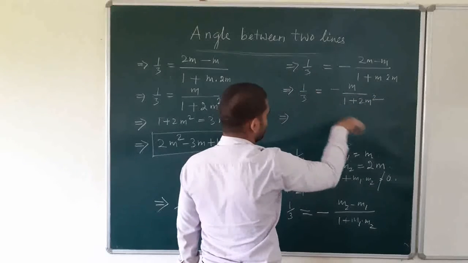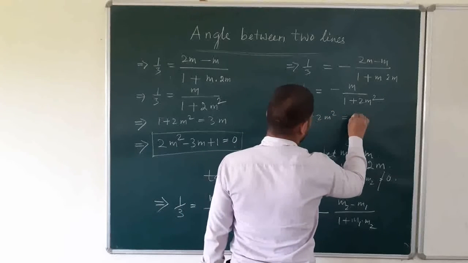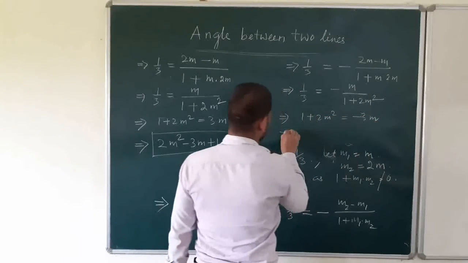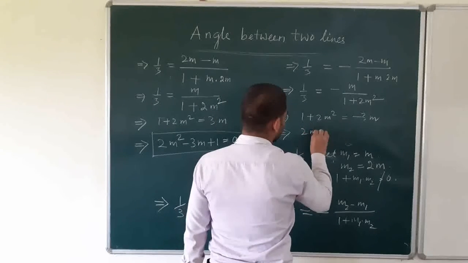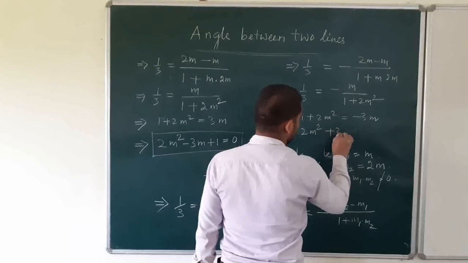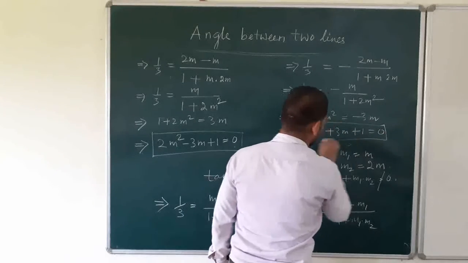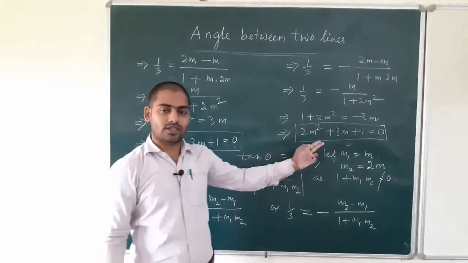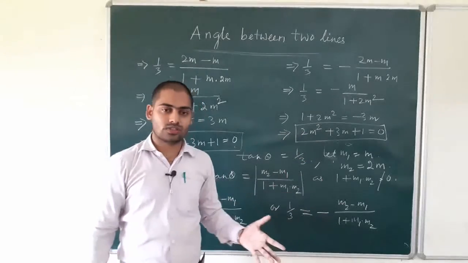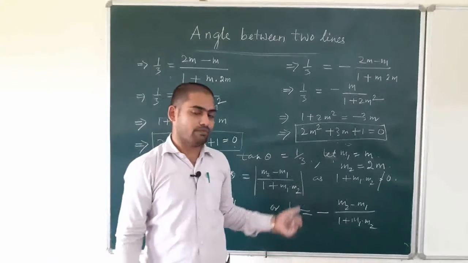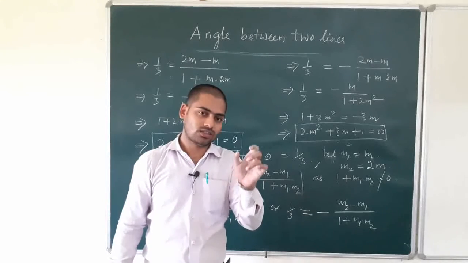Cross multiplying, you get 1 plus 2M square is equal to minus 3M, that is 2M square plus 3M plus 1 is equal to 0, which is a quadratic equation. If you solve these two quadratic equations, then you can get M, means M1, the slope of L1.